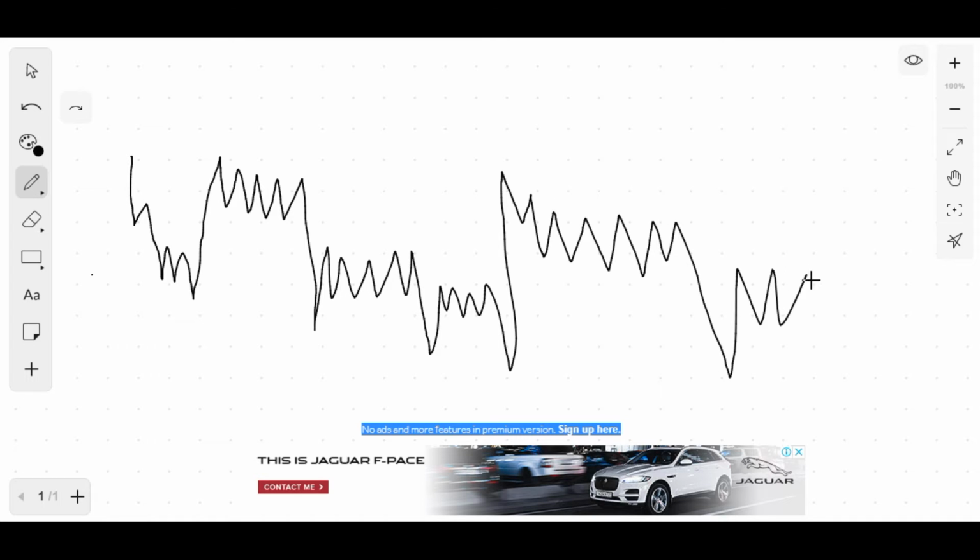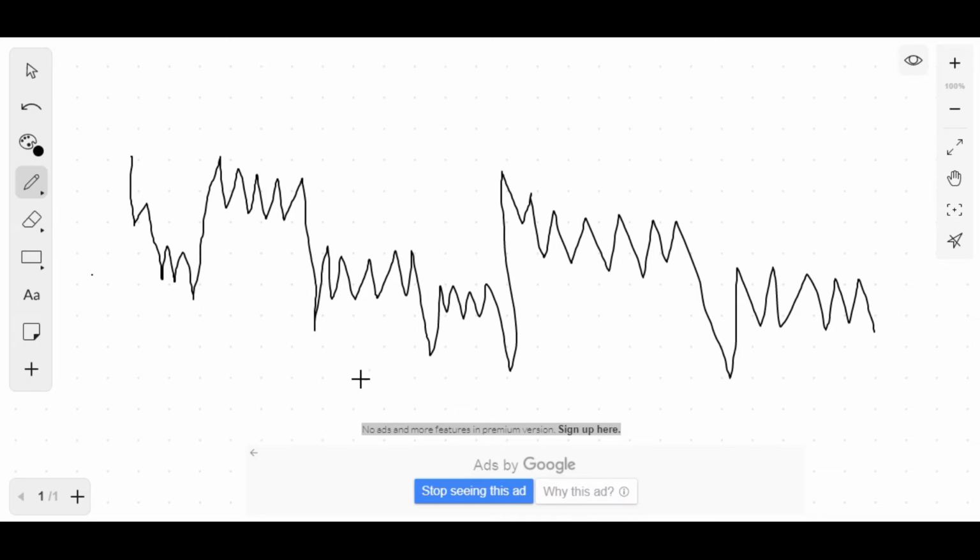So this is what you are going to see on your MT4 or MT5 when you open your trade and you want to start trading. So when you open your MT4, what you are supposed to do is identify a trend in order for you to trade within the trend.